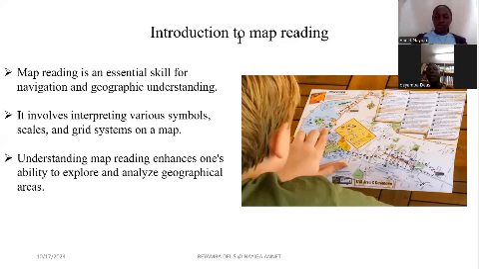Okay, thank you. It is a representation of an area on a piece of paper. So, as you understand, we present a big area on a small piece of paper, and what helps us is what we are going to talk about in this presentation.